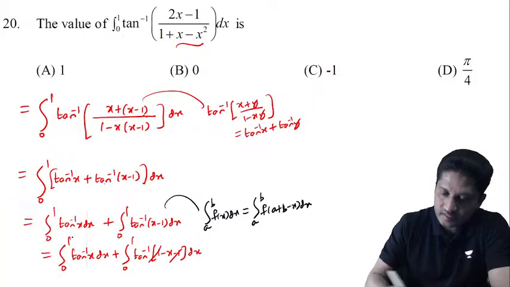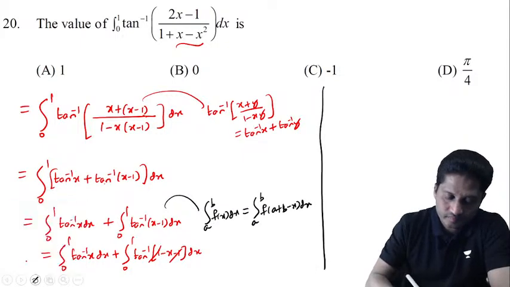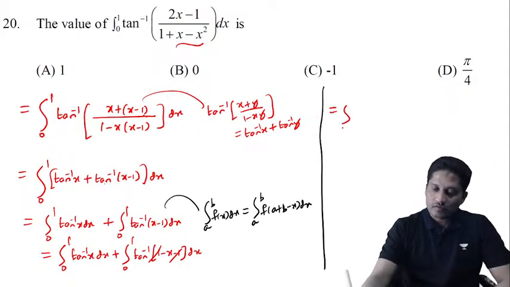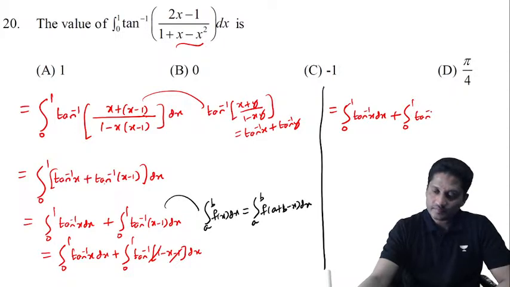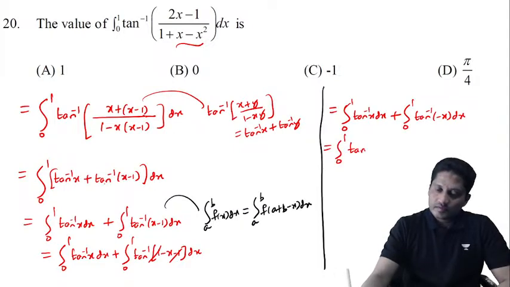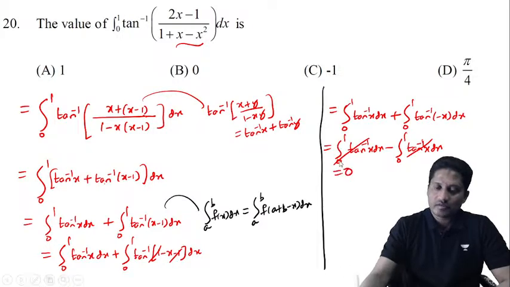And tan inverse of minus x is minus tan inverse of x. So 0 to 1 tan inverse of x plus integration 0 to 1 tan inverse of minus x. This is 0 to 1 tan inverse of x minus 0 to 1 tan inverse of x. This will cancel, answer will be 0.